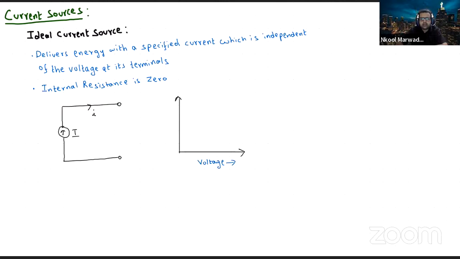So for the ideal current source, the current will be constant always, regardless of the value of voltage you draw.